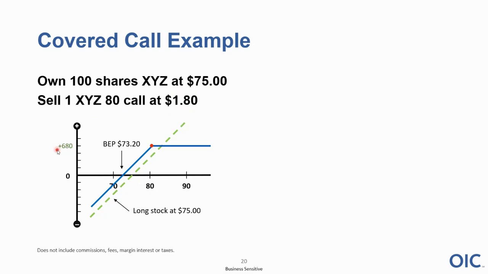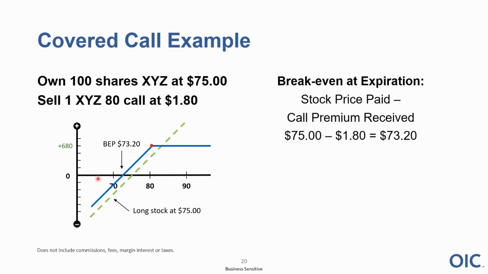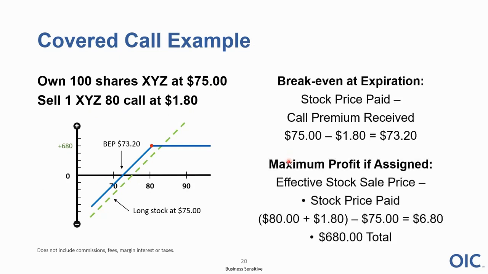So our maximum profit is going to be $6.80 or $680. We made $5 from the increase in stock from 75 to 80, and an additional $1.80 from the call that we sold.